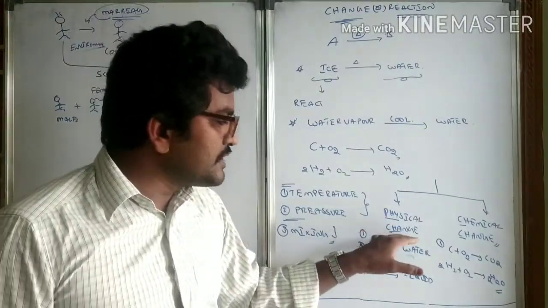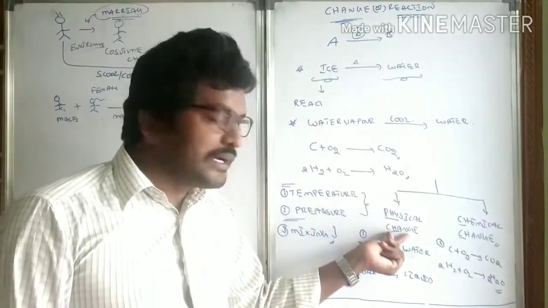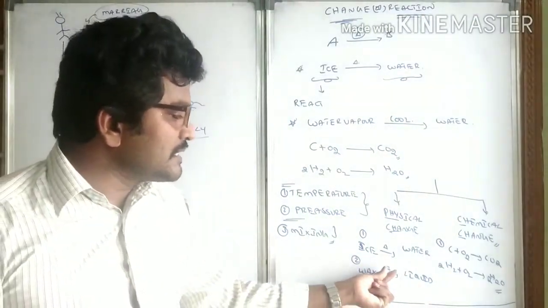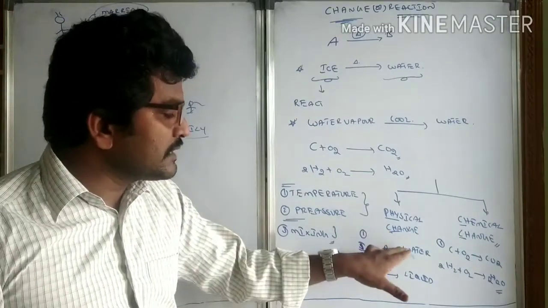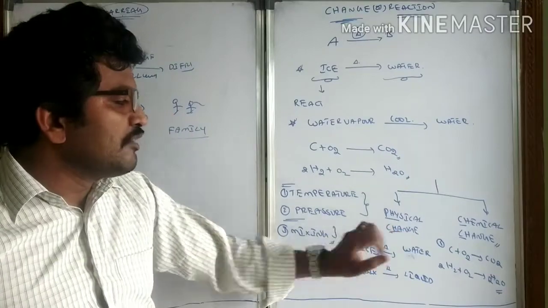In physical change, only physical properties alter, chemical properties do not alter. You can get the starting materials by removing the applied environment, that is physical change.